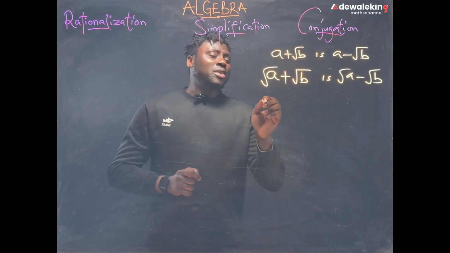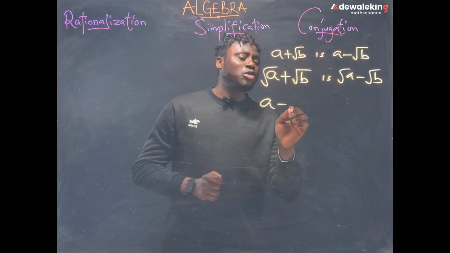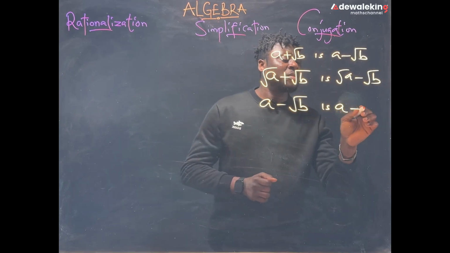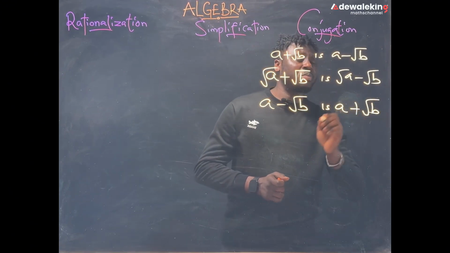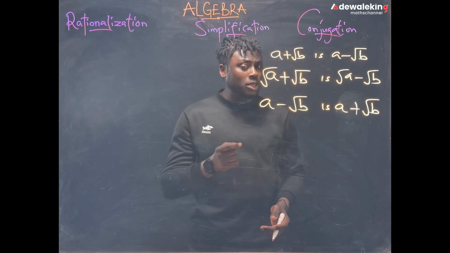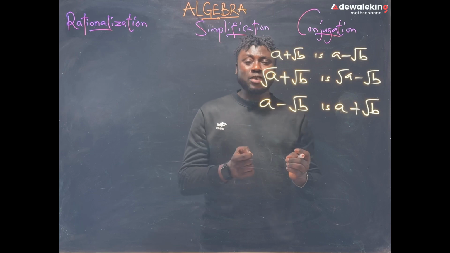If I say a minus root b, the conjugate will be a plus root b. These are examples of conjugate surds, and conjugate surds are the same thing as binomial surds.